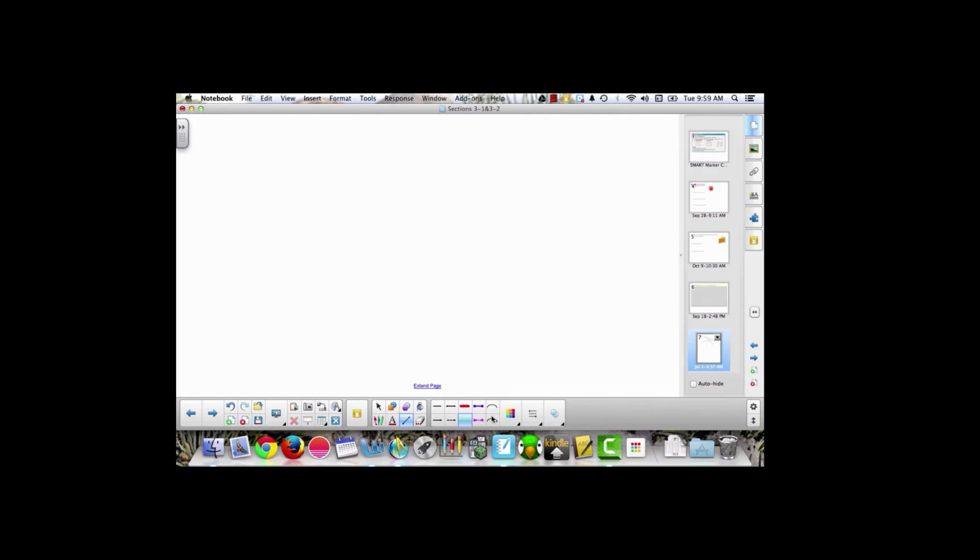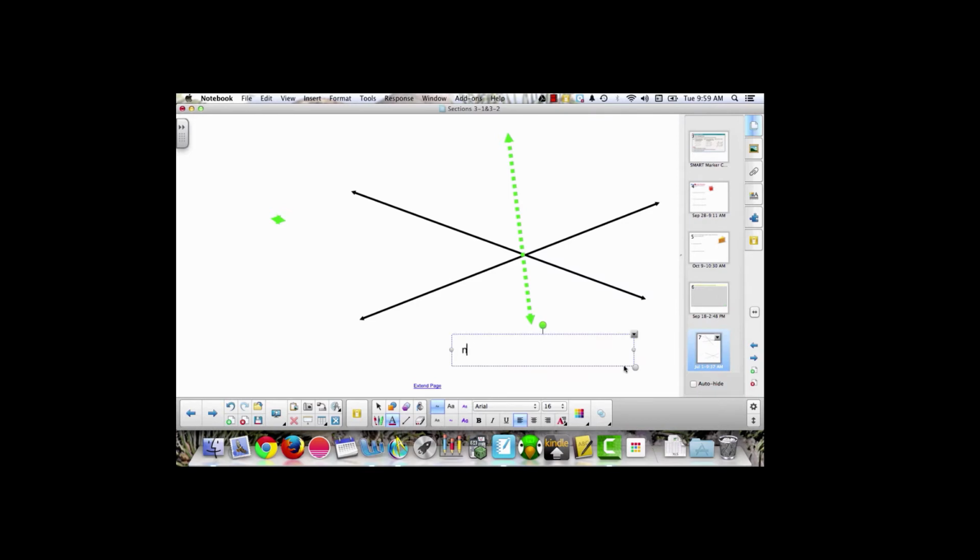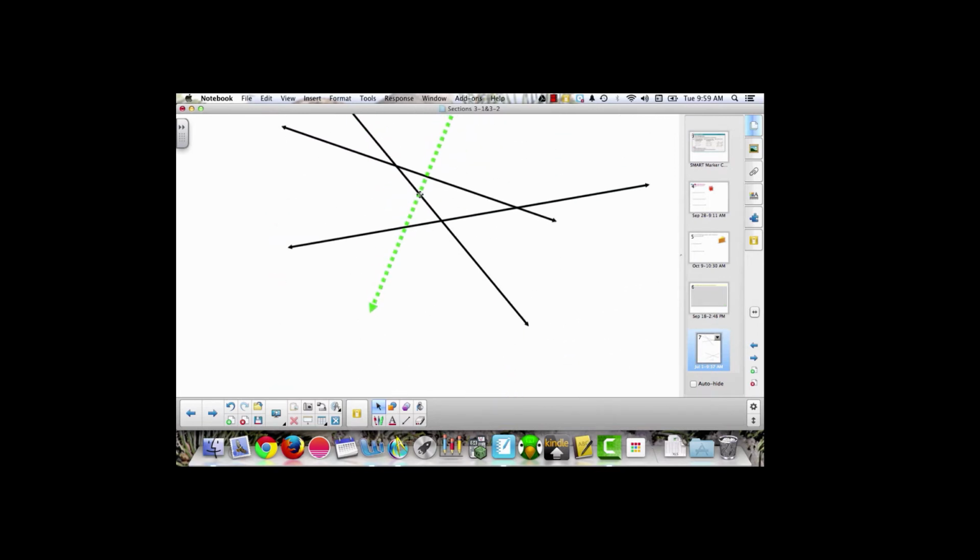This that I'm going to draw now is not an example of lines and a transversal. If I have two lines and a line that intersects them both in the same point, this is not a transversal. In order for a line to be a transversal, it must intersect the two or more lines in different points.